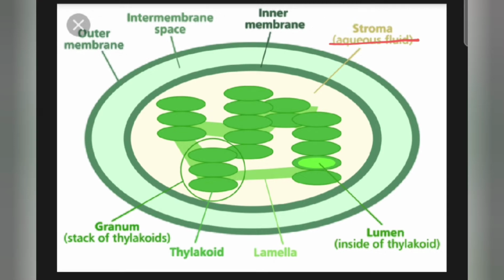The matrix contains about 50% of the chloroplast proteins. Along with proteins, it consists of ribosomes, DNA, RNA, vitamins E and K, and different types of ions.